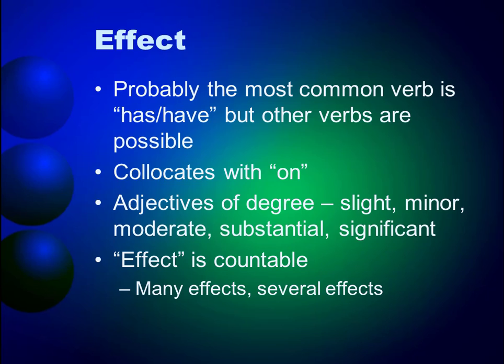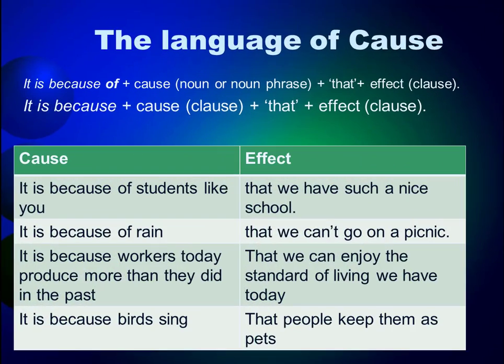So you can have effects, or several effects, or many effects, or some effects. For example, the rainstorm had several effects on the transportation of the city, something like that. So that's effect. Now on to the language of cause and causation.